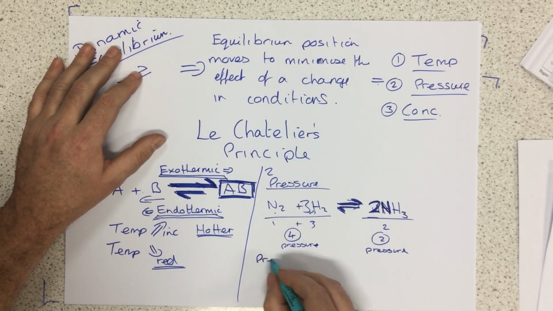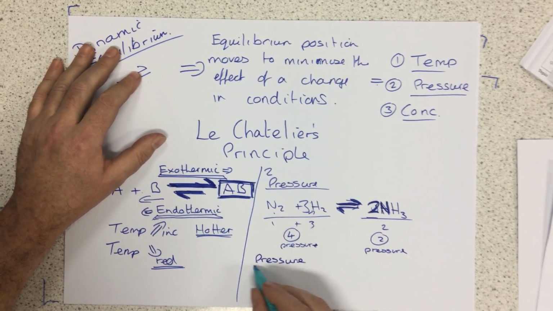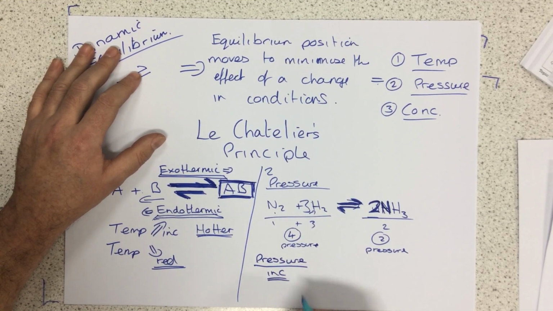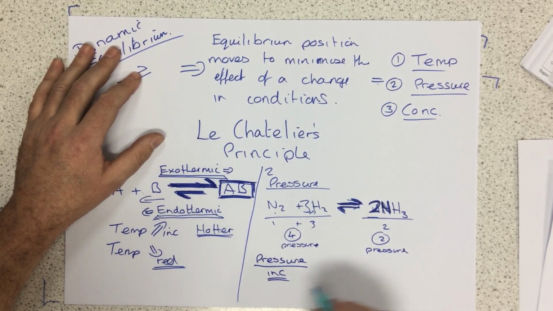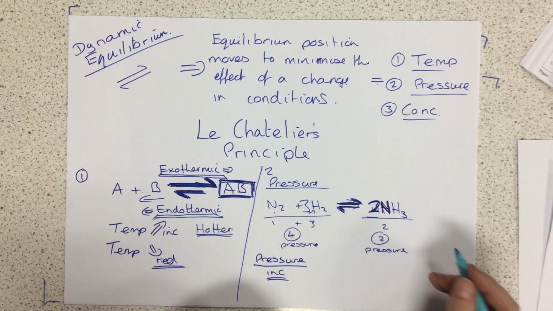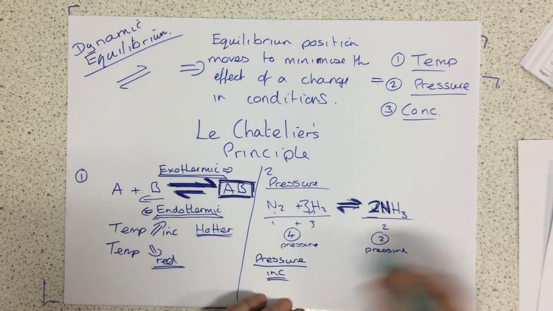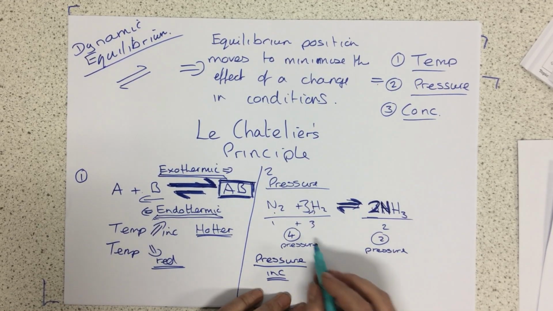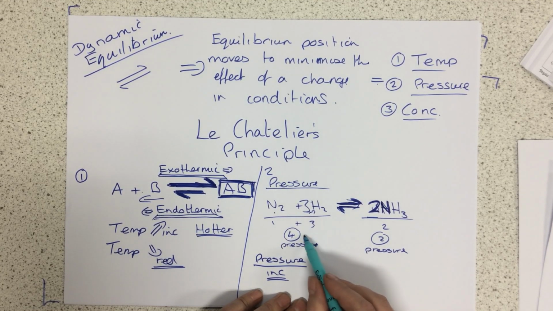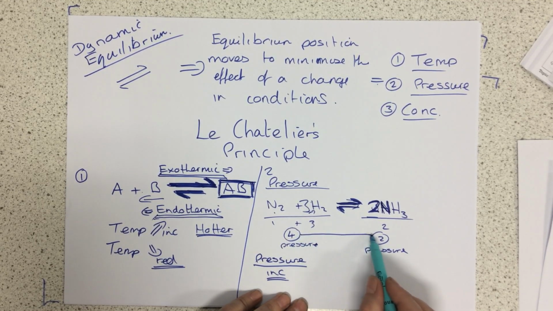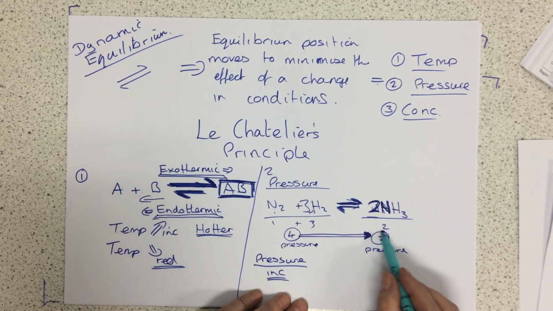Now, if we change the conditions by increasing the pressure, we put more pressure on the container. To decrease the pressure, the easiest way is to reduce the number of particles or molecules that are pushing against the side of the container. So the easiest way to do that is to move the reaction towards the ammonia side, because there are fewer molecules present.